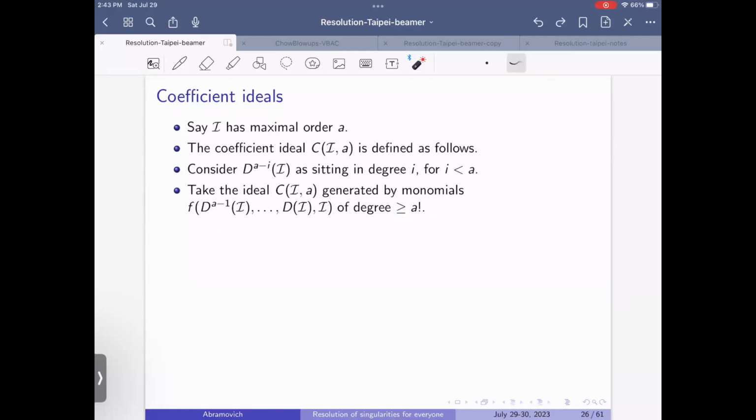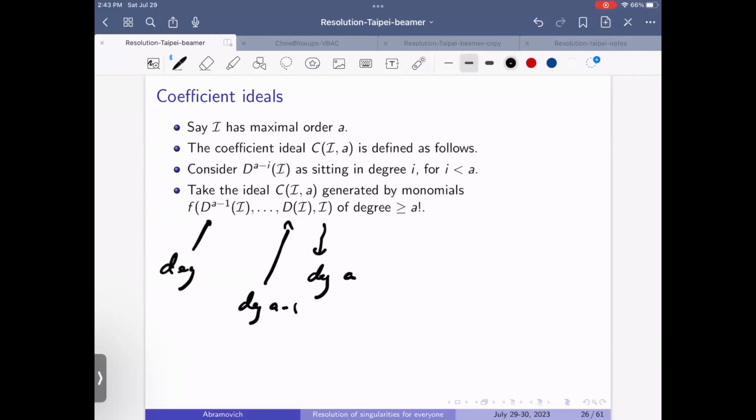So I comes in degree A, because it's order A. D of I comes in degree A minus 1. D^(A-1) of I comes in degree 1, because it has a derivative that is a unit. And you take all monomials of weighted degree at least A factorial.